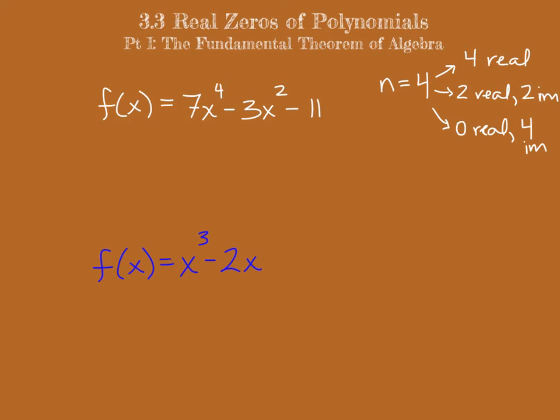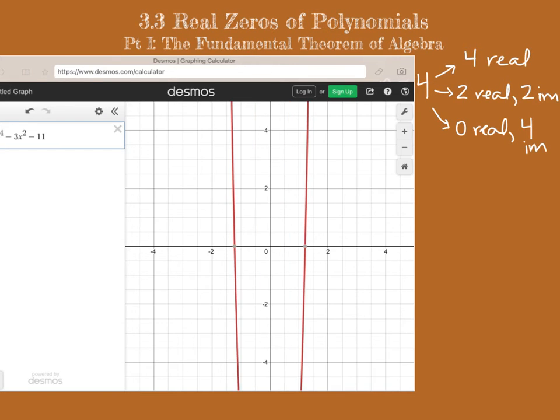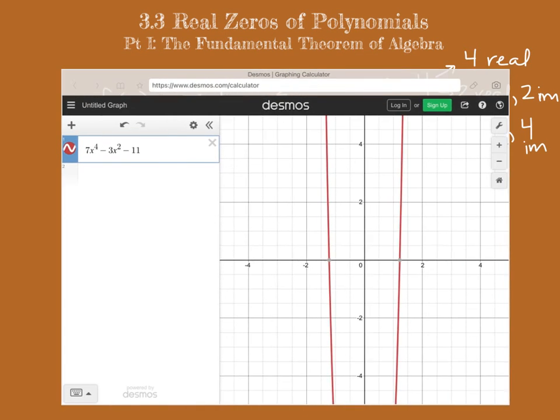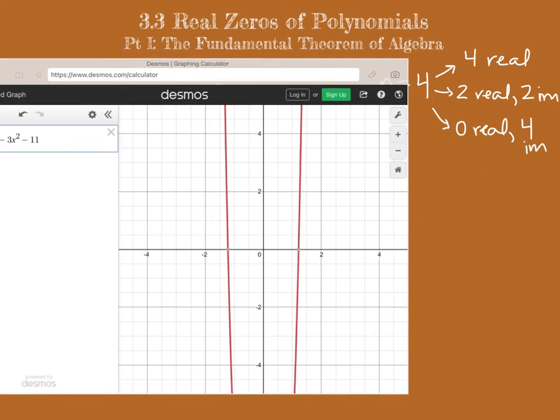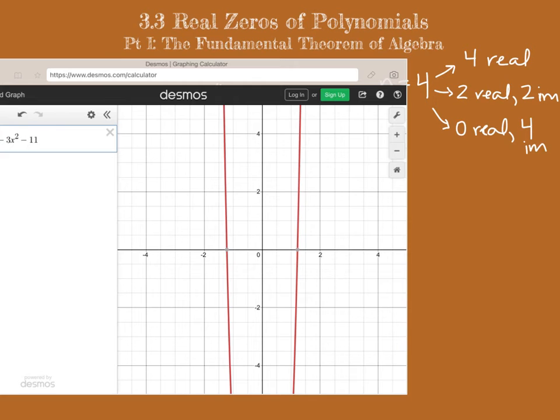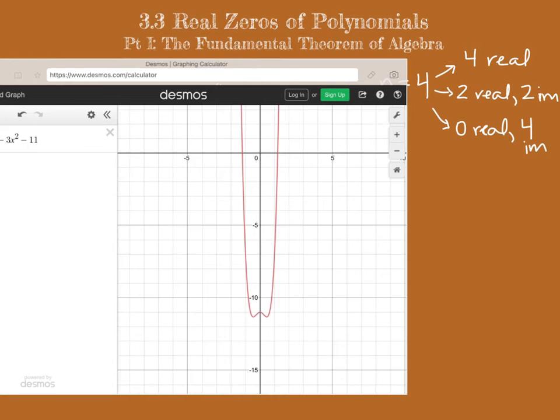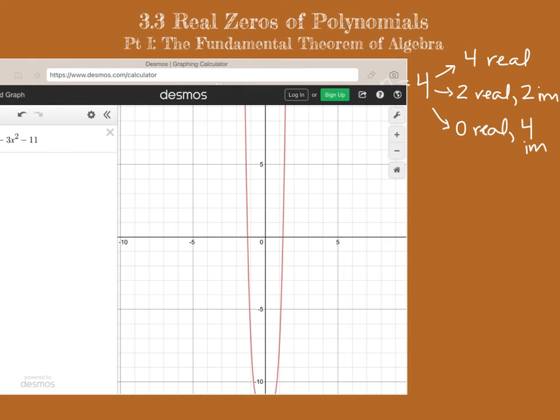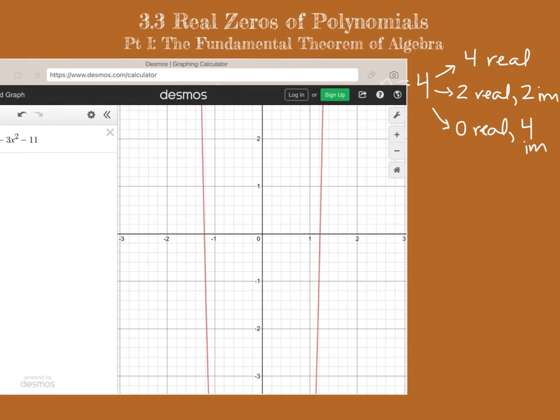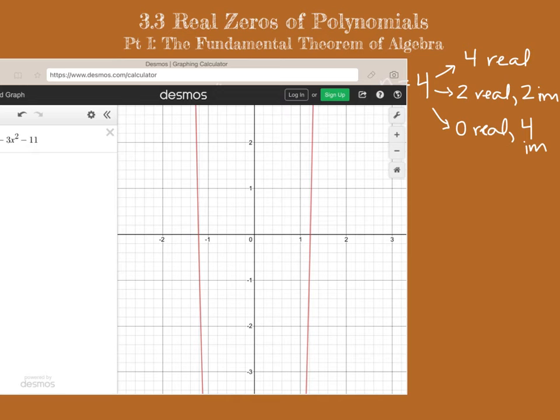I'm going to look on Desmos and see which possibility we actually have. Okay, here is our function. It does go down kind of far. If we zoomed out just a bit, we could see that it has that little squiggle down there. But if we take a look here, it looks like we have 2 real roots. They each have a multiplicity of 1 because they cross straight through the x-axis, no squiggle, no bounce back. Here's one of the real roots, about negative 1.2.